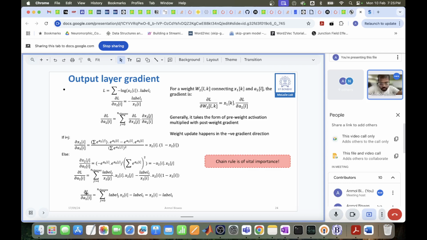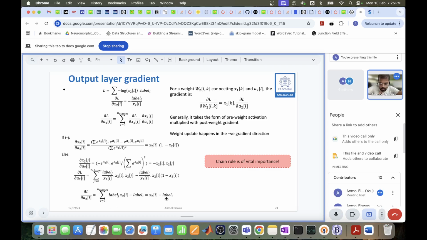And this term can be plugged into this summation, and it will basically complete the summation. So instead of j not equal to I, it will just go from j equals 0 to n classes, this summation, right?